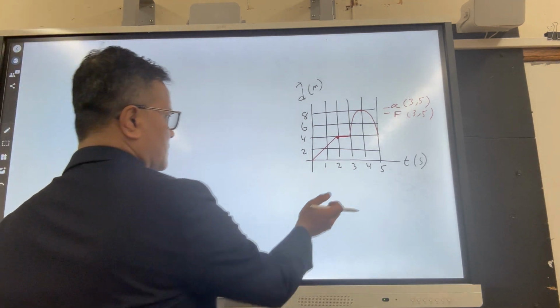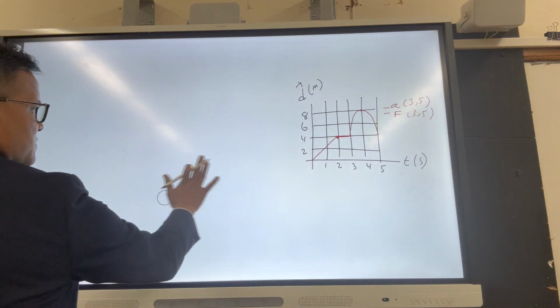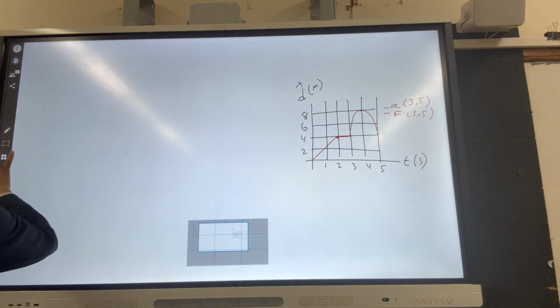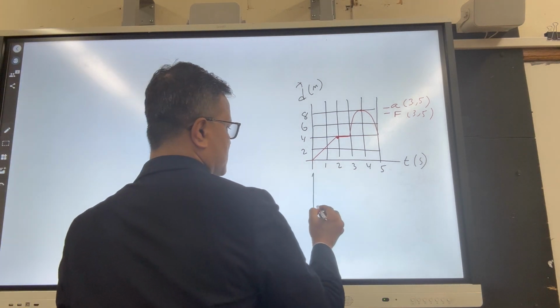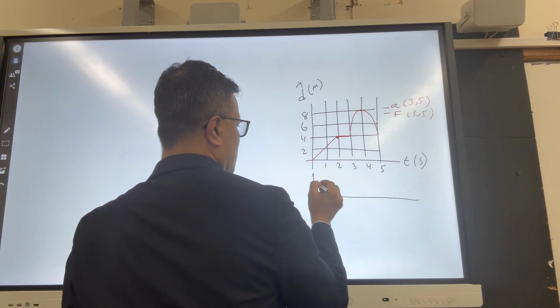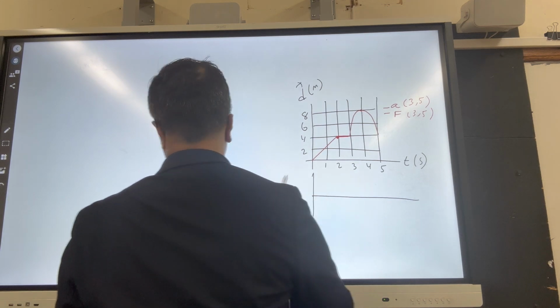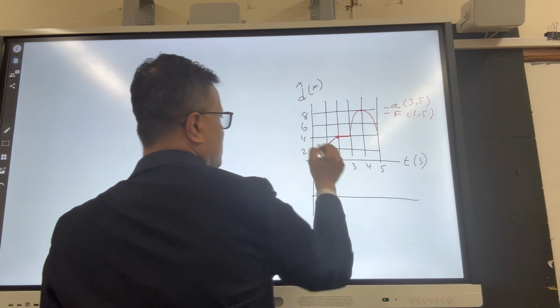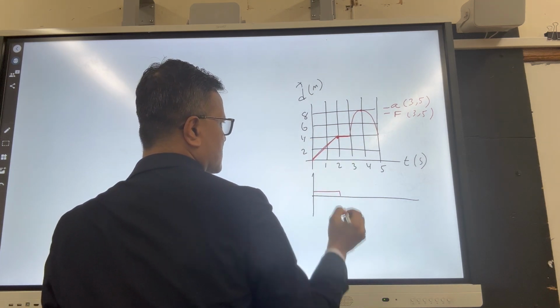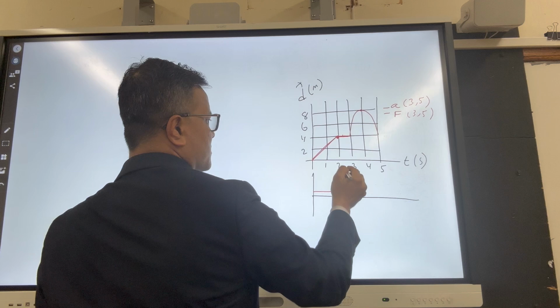In the future I'll show you a different way. Today I'm just going to finish it. So, the velocity versus time graph. The velocity of this one is 4 divided by 2, which is 2, and then 0 divided by 1 is 0.